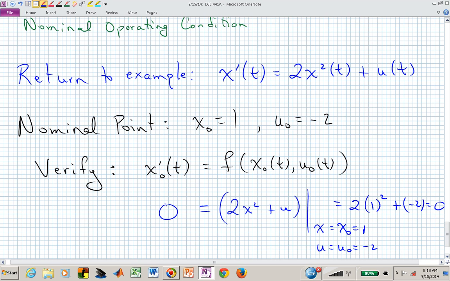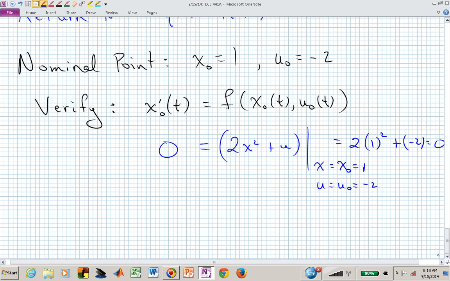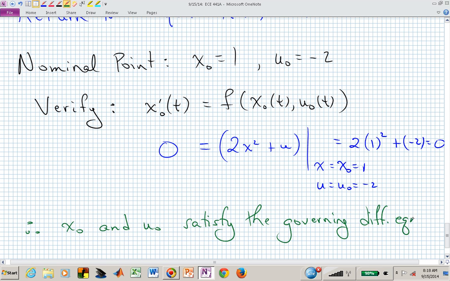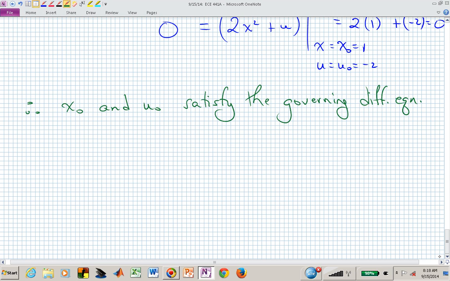We now know that x naught equal to 1 and u naught equal to minus 2 does satisfy the governing differential equation. What we will probably do when we talk about this is we may use some notation.